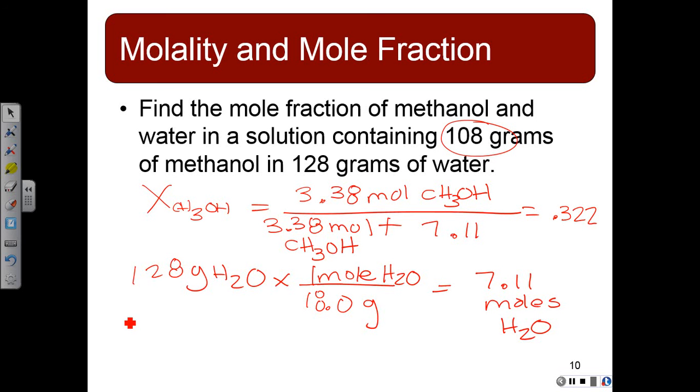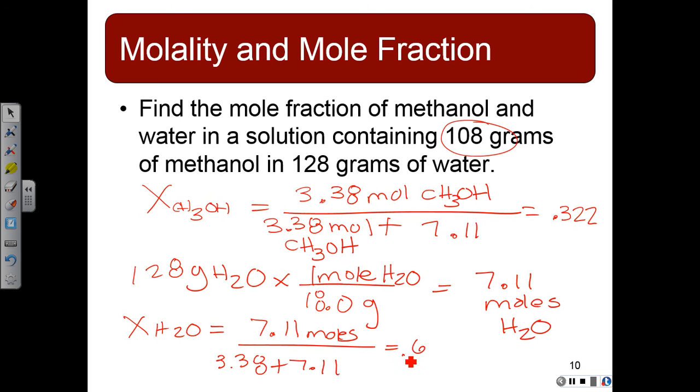So if we go here, okay, it was 7.11 divided by the 3.38 plus 7.11 gives us 0.678. Notice I have no units here. Okay, and if you added both of those up, you get about 1. I think you would get exactly 1 there.